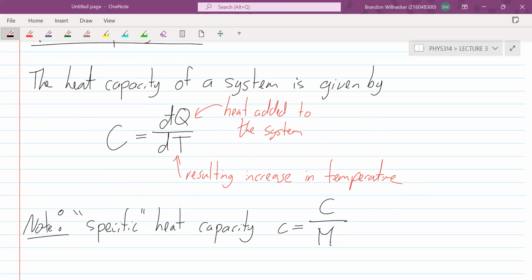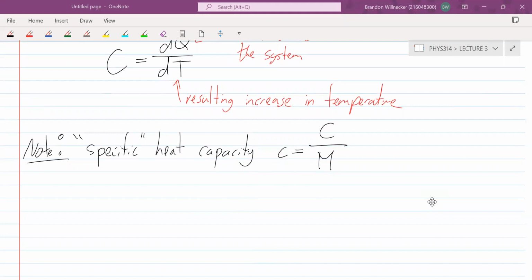So it's the heat capacity per kilogram of the substance. So just capital C by itself, that's an extensive variable. It depends on the size of the system. However, specific heat capacity is an intensive variable because it's heat capacity per kilogram. Okay, so it's intensive in that way.